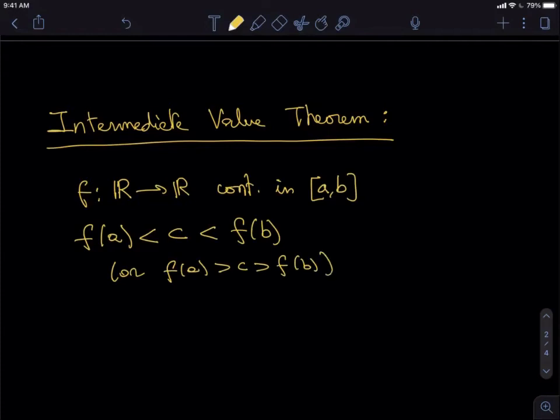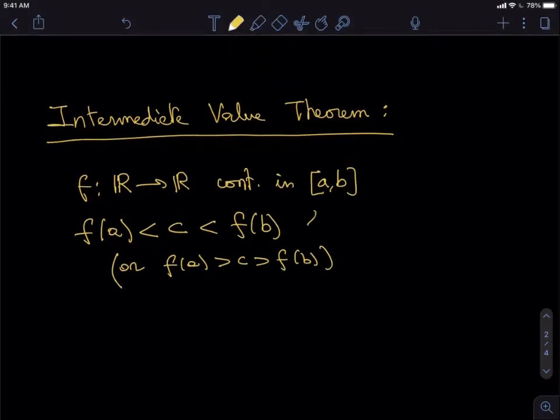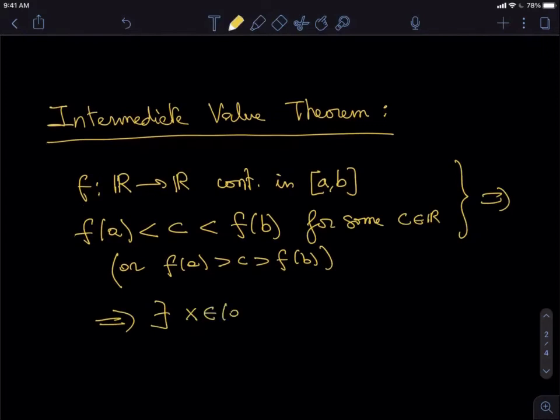But just for the sake of the statement, let's say f of a is the smallest, and this happens for some number c in R. When these two things happen, then there exists some number x in (a, b) such that f of x equals c.